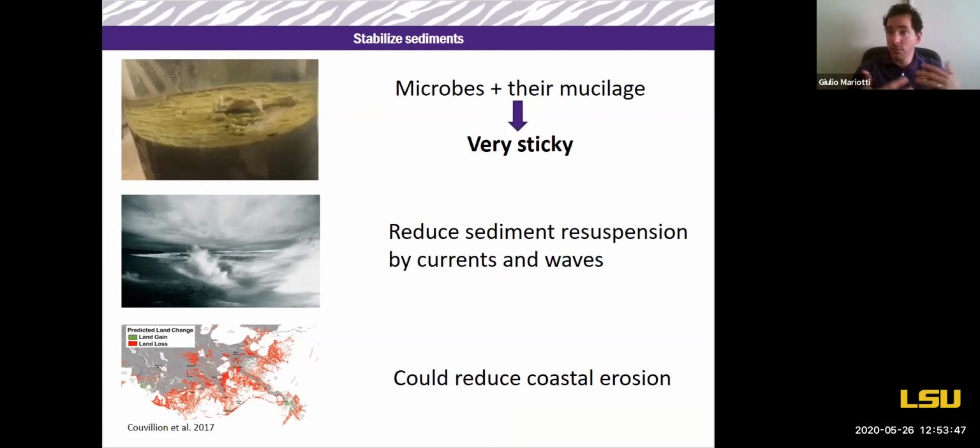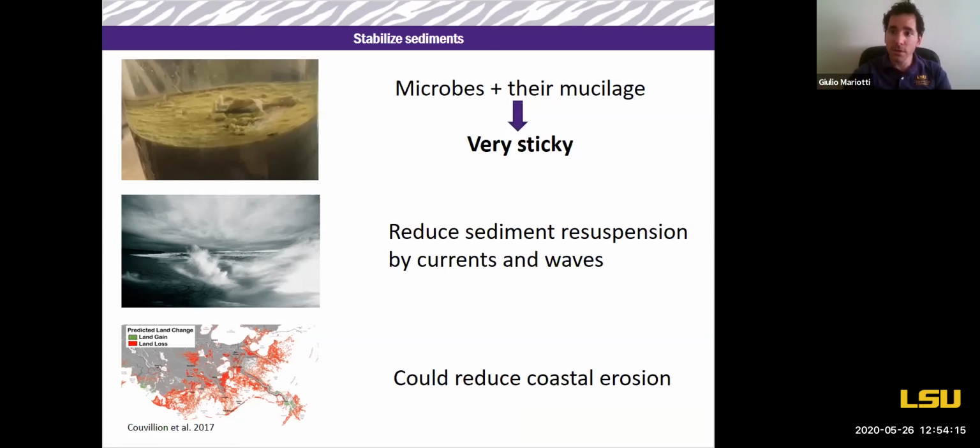Coastal erosion is a problem in many areas around the world, particularly in Louisiana. So the idea is that these benthic microbes could help reduce resuspension and therefore reduce coastal erosion at a very large scale. So this has been relatively known, at least in the sedimentological realm.